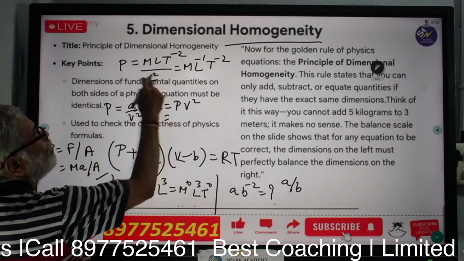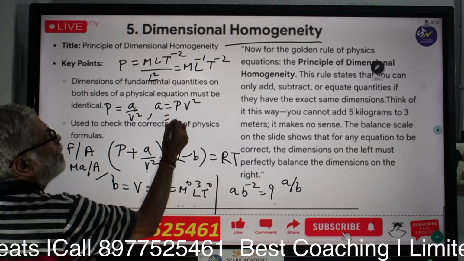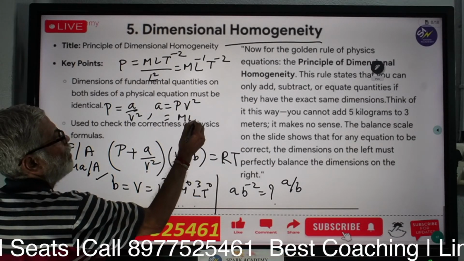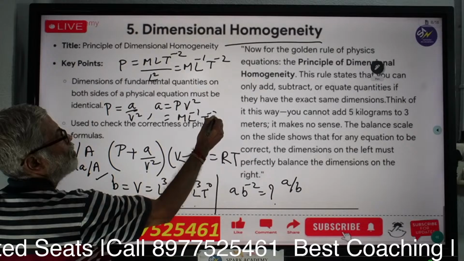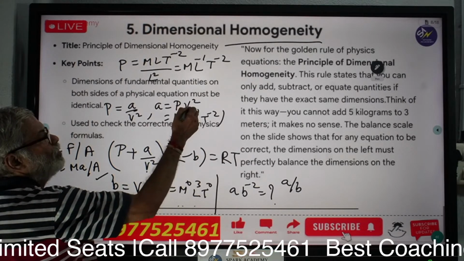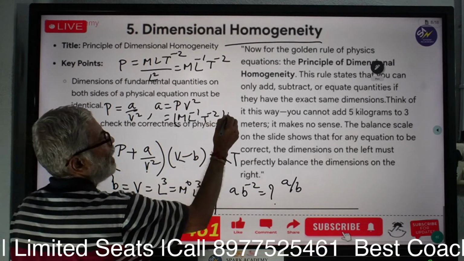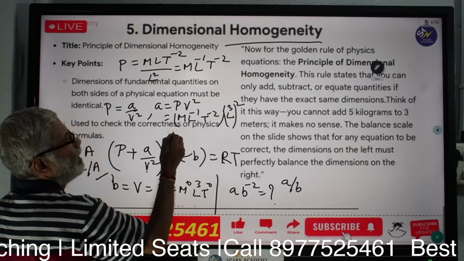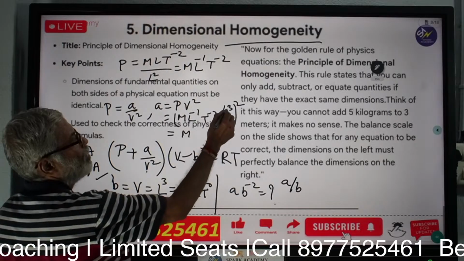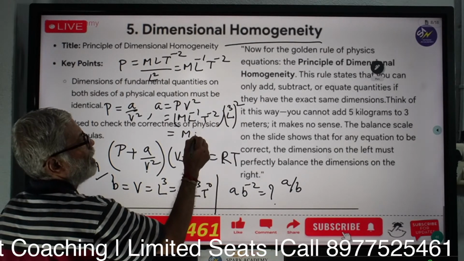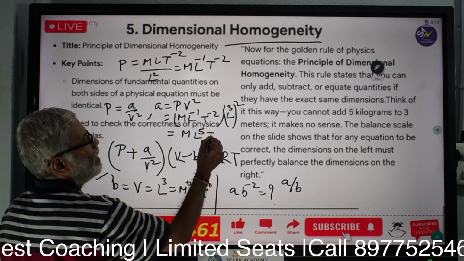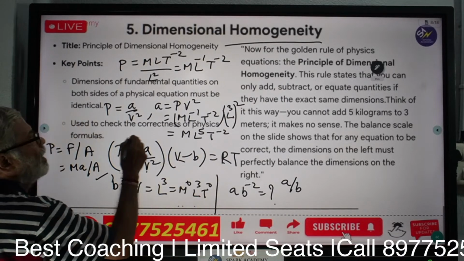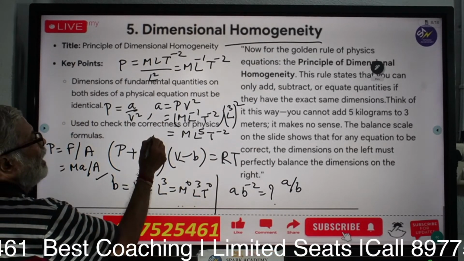The dimension of P we already got, M L minus 1 T minus 2, into volume which is L cube, so L cube whole square. So what will we be getting? M L to the power of 6 into L minus 1 is L to the power of 5 into T minus 2. This is the dimension for A.